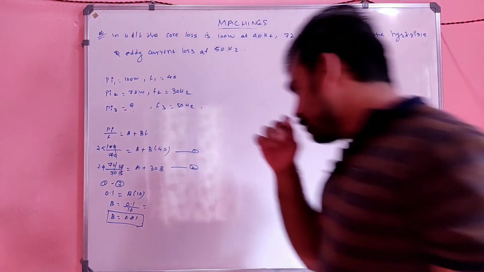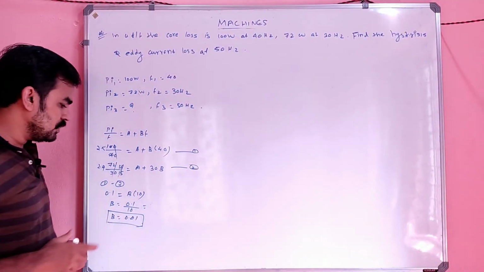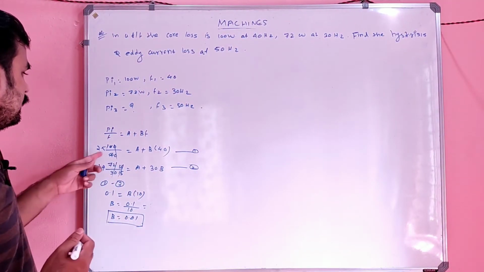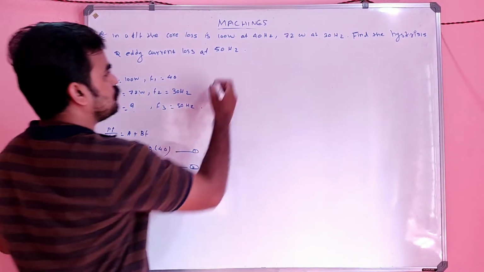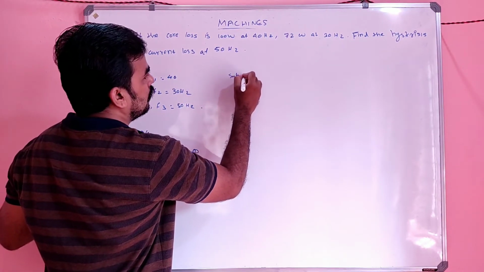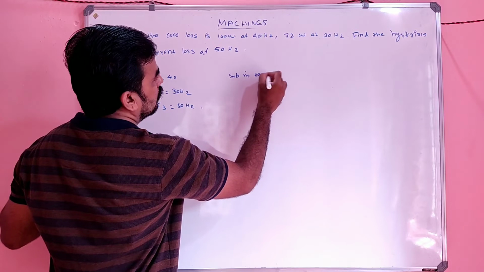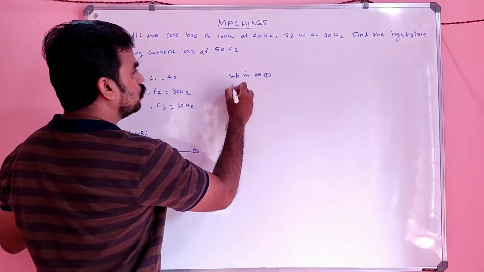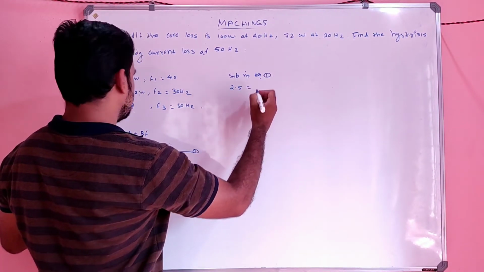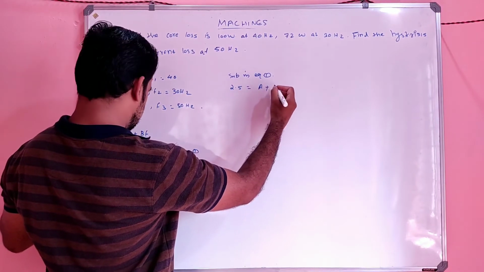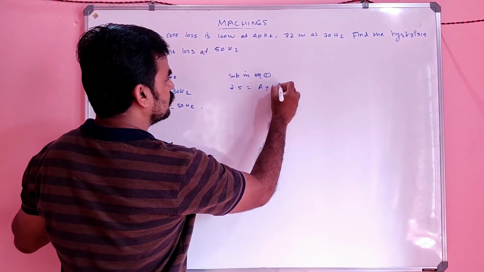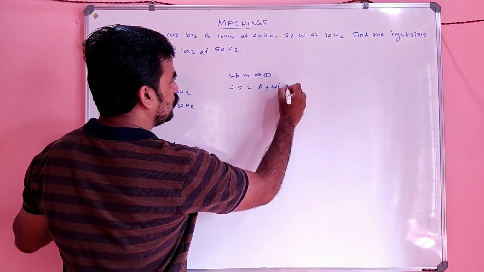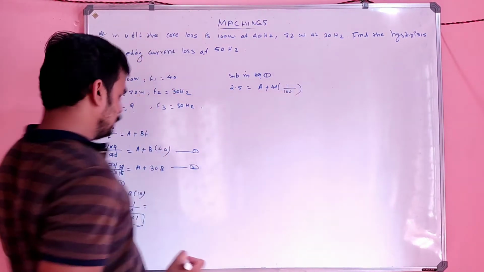Now you have to find A also, so substitute in any of the equations. Let me put it in equation number 1. 2.5 will be equal to A plus 40 into 0.01, which is 1 by 100, correct?